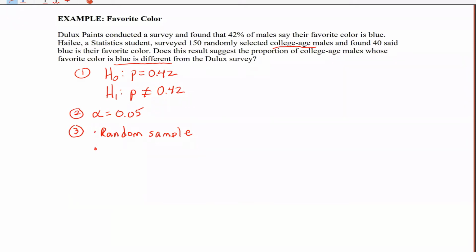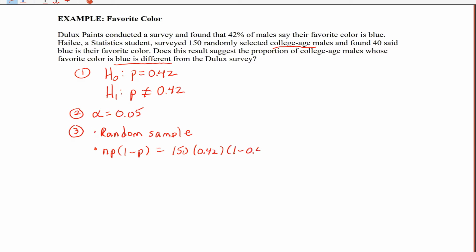The second is the normality requirement. Remember, the normality requirement was that n times p times 1 minus p has to be at least 10. n is your sample size, the 150 college-age males, and p is the proportion stated in the null hypothesis, because we always assume that that statement is true until we have evidence to the contrary.